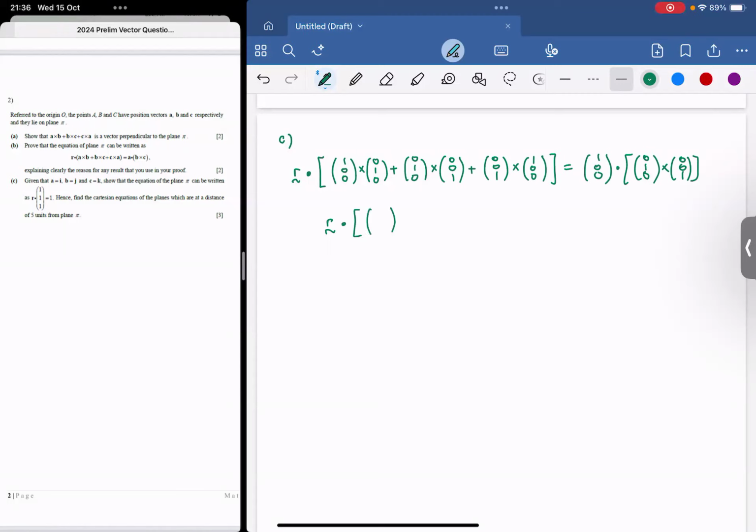This is just 0, 0, 1. This is just 1, 0, 0. This is just 0, 1, 0.